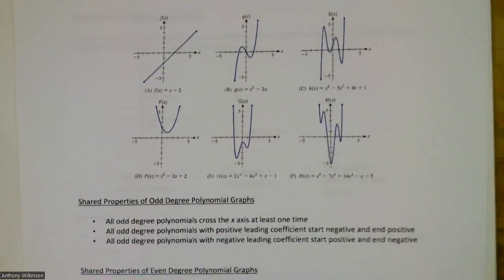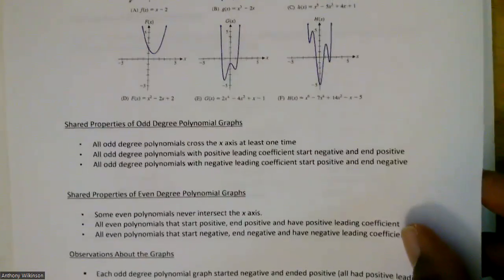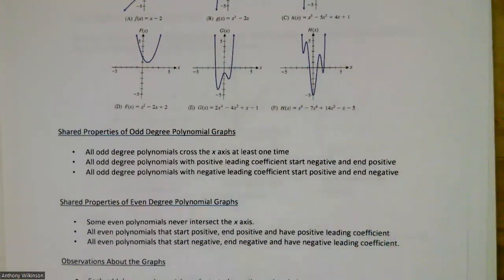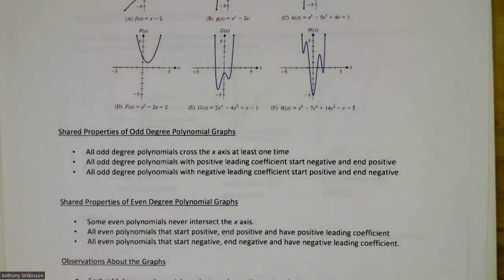And here are the shared properties for even degree polynomial graphs. Some even polynomials never intersect the x-axis, like this one right here. This is an even degree polynomial function, and you can see that it's not crossing the x-axis.